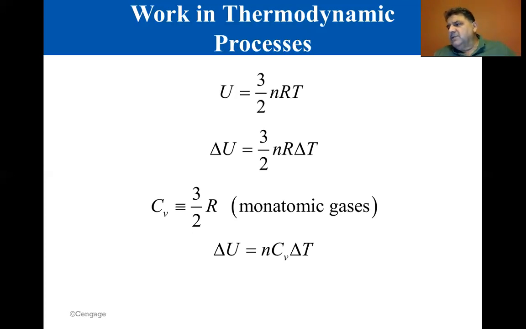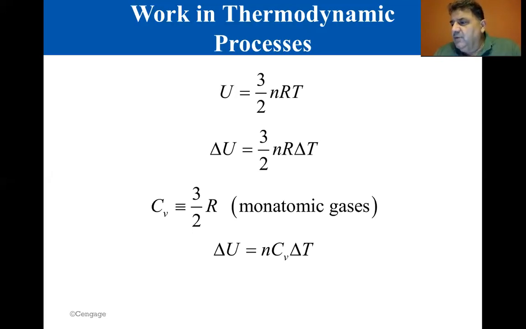Also, molecules can store energy in the vibrations of their constituent atoms. A gas composed of molecules with more ways to store energy will have a larger molar specific heat. Each different way a gas molecule can store energy is called a degree of freedom.